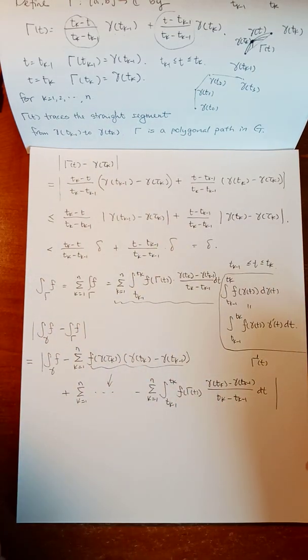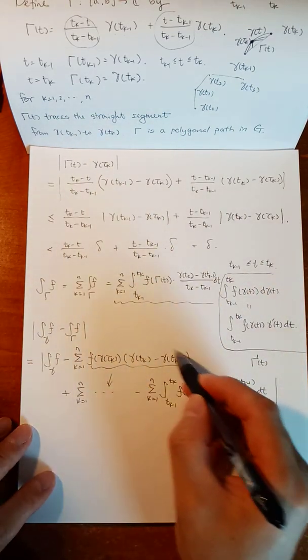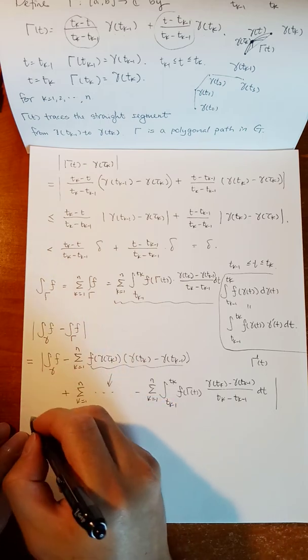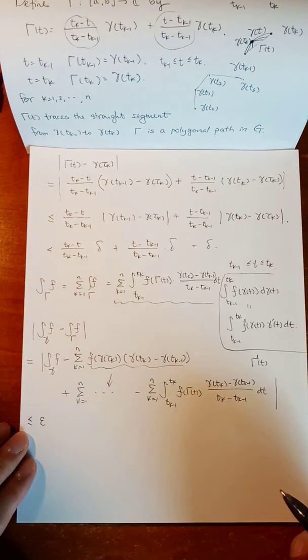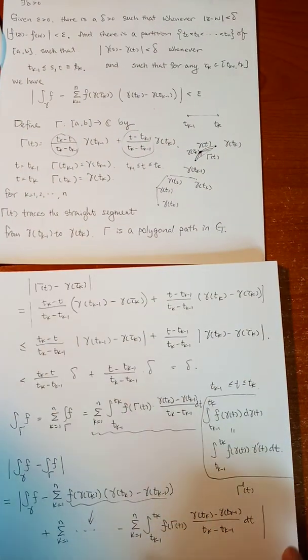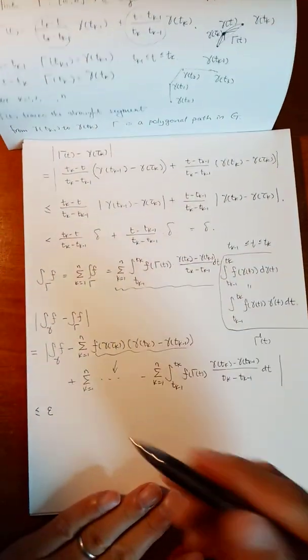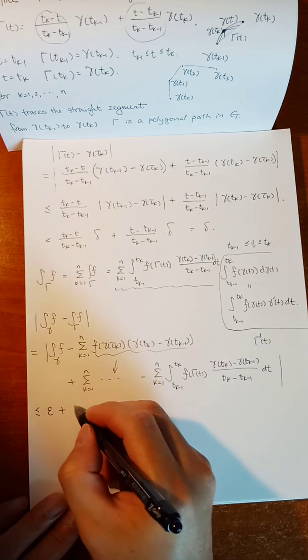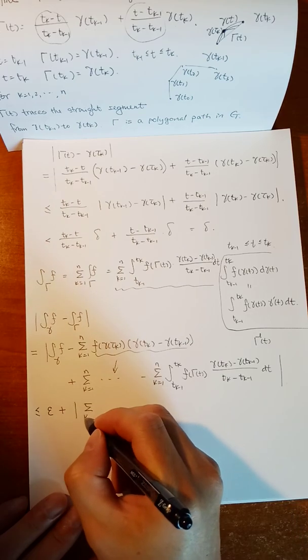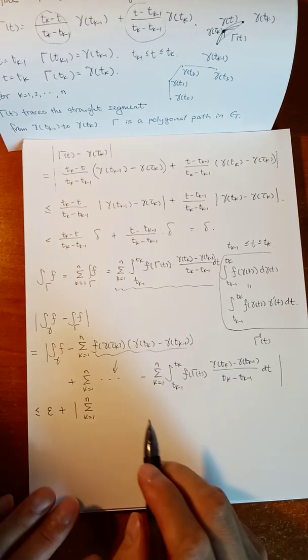Then we apply the triangle inequality. The first part will be less than epsilon, strictly, plus the absolute value of the sum over k from 1 to n. Here we have gamma(t_k) minus gamma(t_{k-1}) in both terms, so we factor it out.